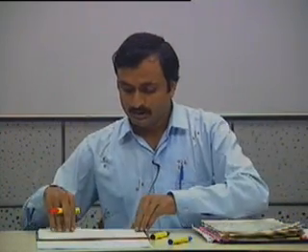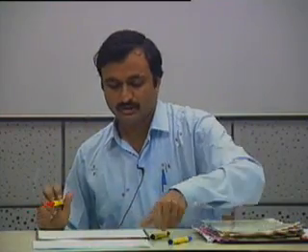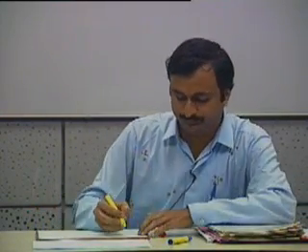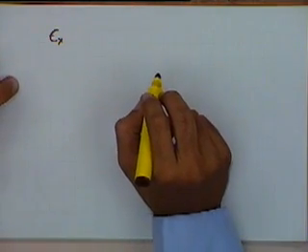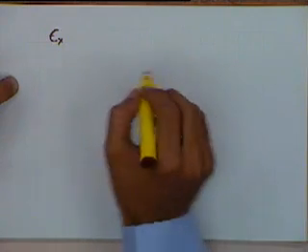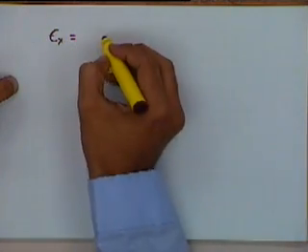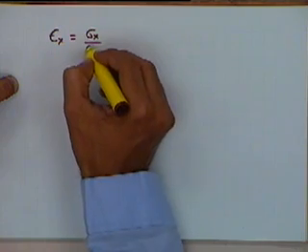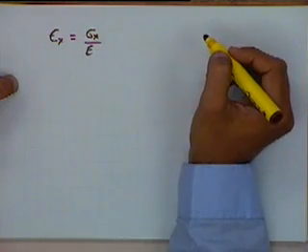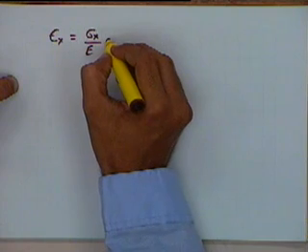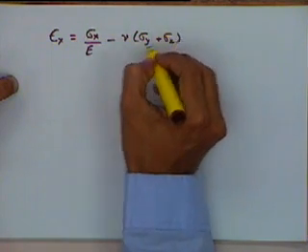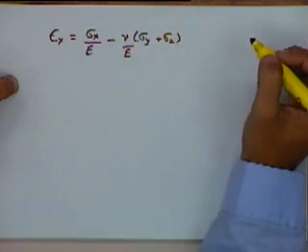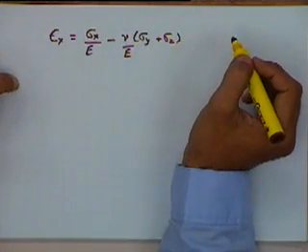The next set of equations: if we are talking of the strain epsilon x, and we want to express the strain in terms of the stresses, epsilon x will be equal to sigma x divided by E, where E is the Young's modulus, minus nu times sigma y plus sigma z divided by E, where nu is the Poisson's ratio.